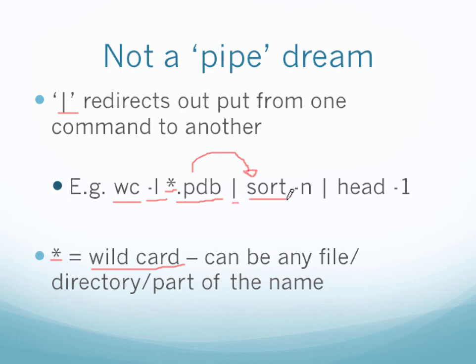In this case, it's sort, and here we have the -n flag to sort the content numerically, and then the output can be piped into this command. Here it's head, and this will give the first line of this output. Okay, let's go to the terminal and try some of these out.